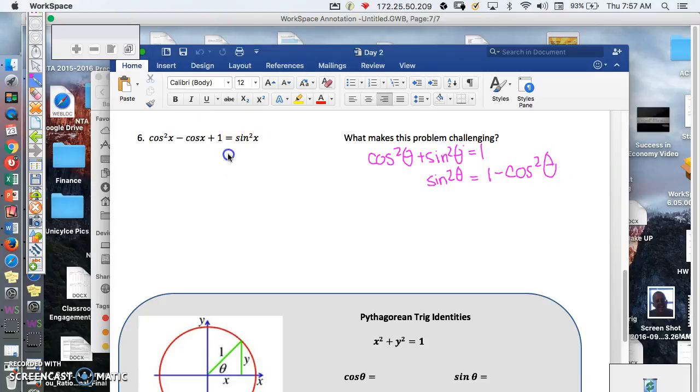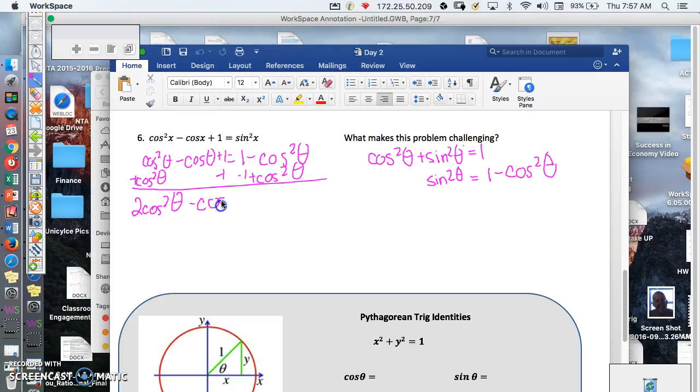So if I replace this with 1 minus the cosine squared of theta, I'm going to switch those to thetas, and solve this, so plus cosine squared of theta minus 1. So now I have 2 cosine squared of theta minus the cosine of theta equals 0.